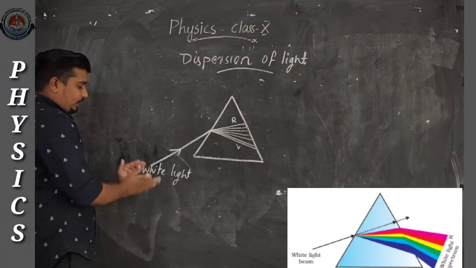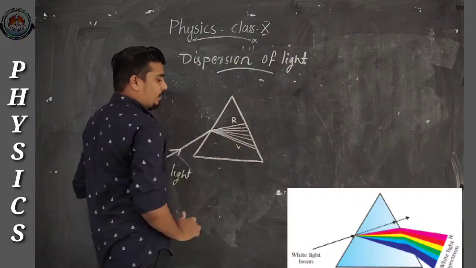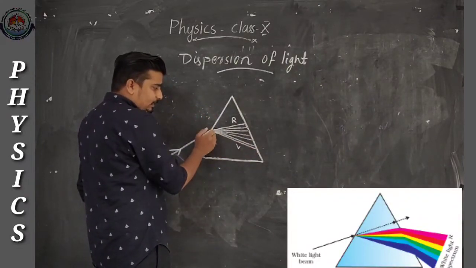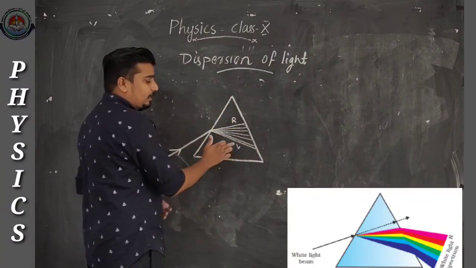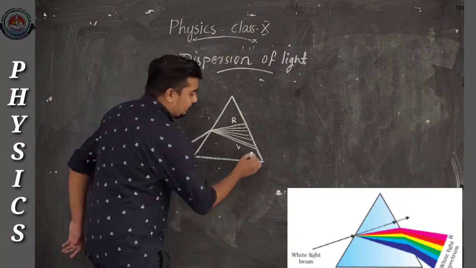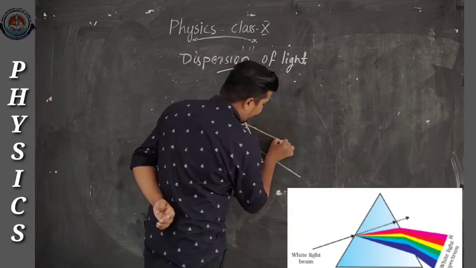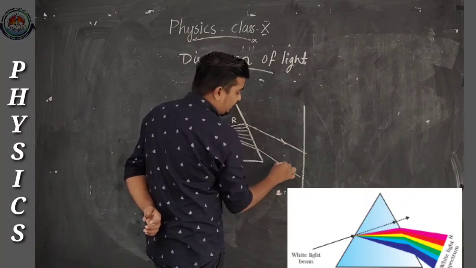First he passes a white light into this glass prism, and at this interface the white light is split into its component colors VIBGYOR. Here after total refraction, it is incident on a screen.